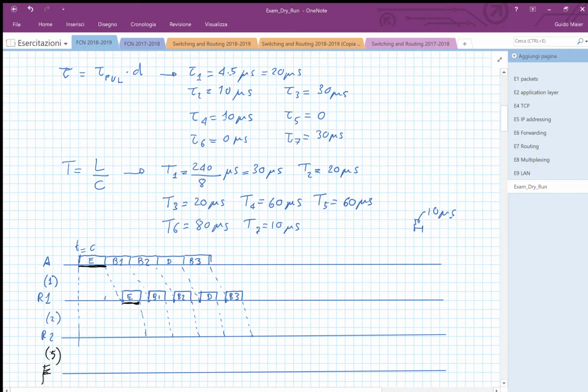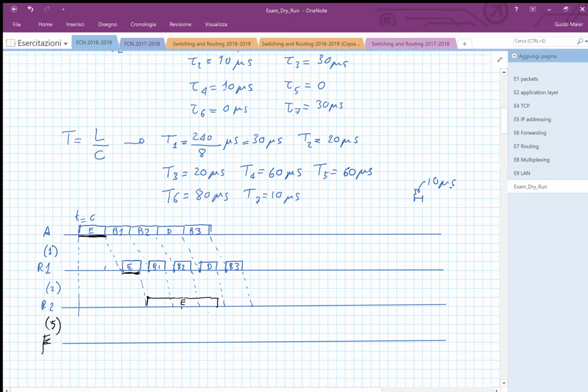So the first packet that is here will be transmitted like that. The transmission takes a lot, but it doesn't make any problem for the other packets, because the other packets are going to a different destination, so they are queued on different output queues. So this packet to E will reach the final destination, and on this link number 5 we have no propagation delay.